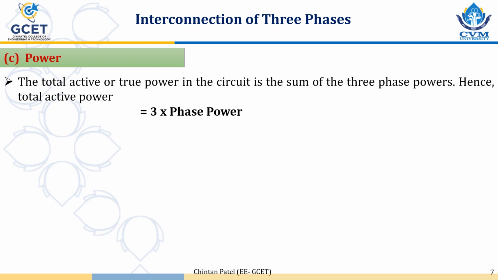As all the three phases are identical in nature, they have the same winding, they cut the same amount of magnetic flux, the same amount of power will be generated in all the three phases. So the total active power or true power is 3 into phase power. We can write the equation for phase power. So the total power P is equal to 3 multiplied by phase power, which is nothing but VPH IPH cos phi.